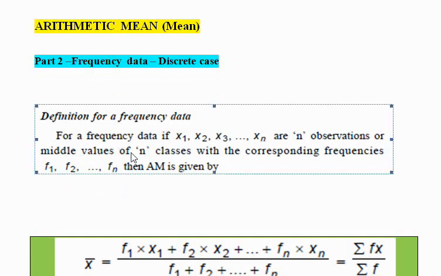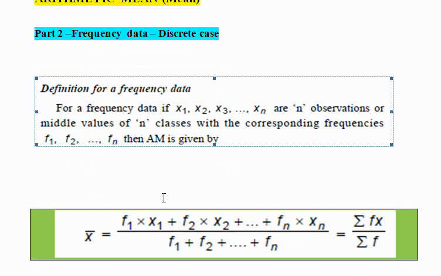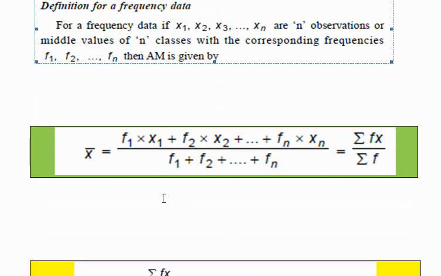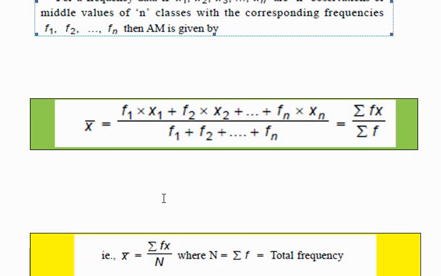For a frequency data, if x1, x2, x3, etc., xn are n observations or middle values of n classes with the corresponding frequencies f1, f2, etc., fn, then the arithmetic mean is given by the formula x bar equal to f1 into x1 plus f2 into x2 plus etc. plus fn into xn divided by f1 plus f2 plus etc. plus fn, equal to sigma fx divided by sigma f.